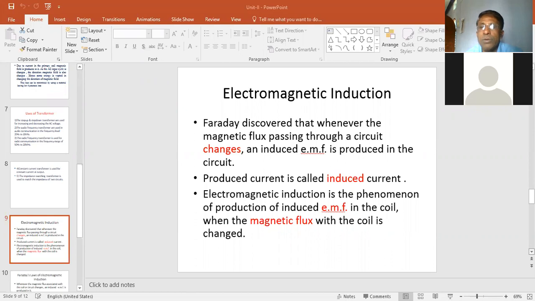Okay. So we will see the first point of unit number 2, that is electromagnetic induction.